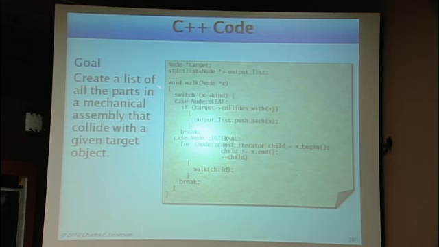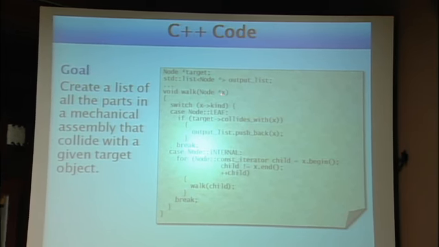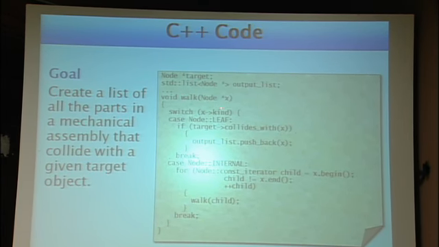So here's a code that does that. Basically, it does a recursive walk, where it looks to see whether it's an internal node or a leaf. If it's a leaf, it checks whether the target collides with a particular element of the tree. And if so, add that object to the end of the list.